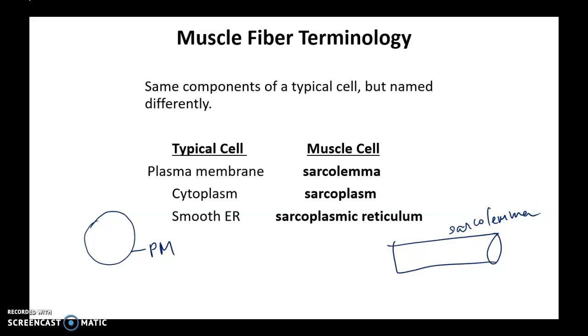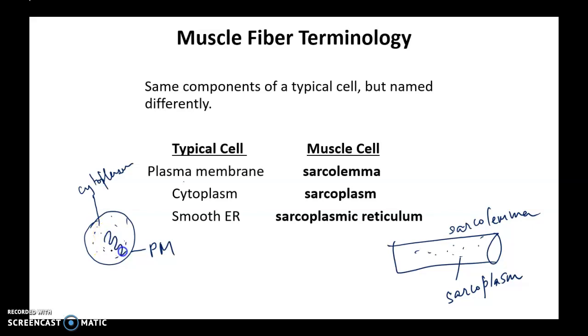Inside a typical cell, the fluid or the soup is called cytoplasm. So this is cytoplasm. Inside a muscle fiber, the soup inside is called sarcoplasm. I want you to remember these terms because we will refer to these terms a lot. Okay, now inside a eukaryotic cell, we have smooth endoplasmic reticulum, right?